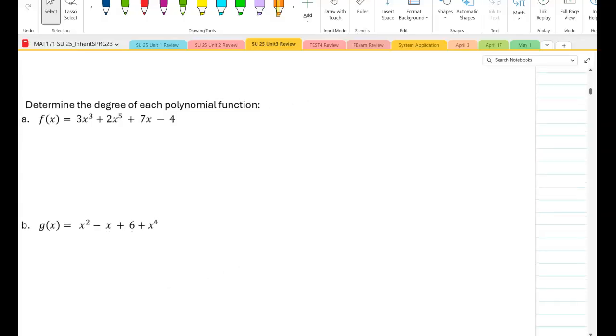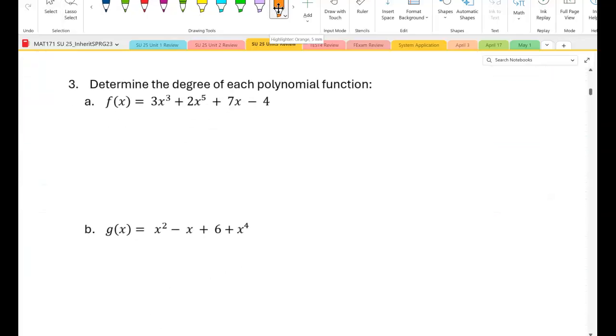Determine the degree of each polynomial function. Okay, so do not expect the given polynomials written already in their standard form. For instance, as you see, fifth degree is here, third degree is here.